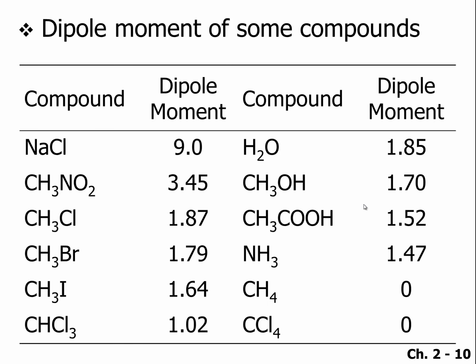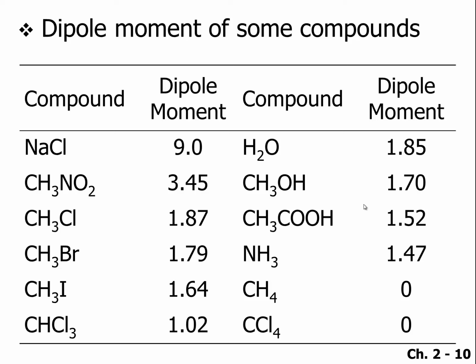So if we look at a few dipole moments, of course, when you were in Gen Chem, you may have done these calculations. Now that we're in Orgo, we're just going to do a brief look to determine whether it's got a dipole.